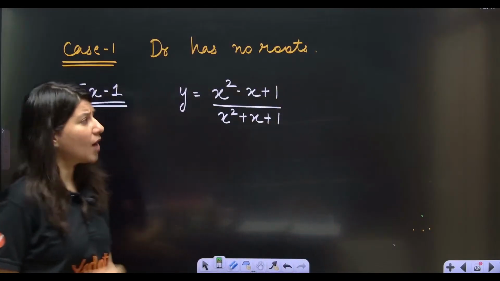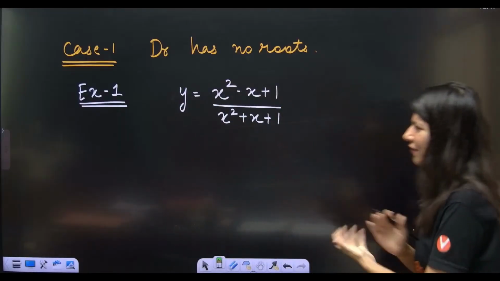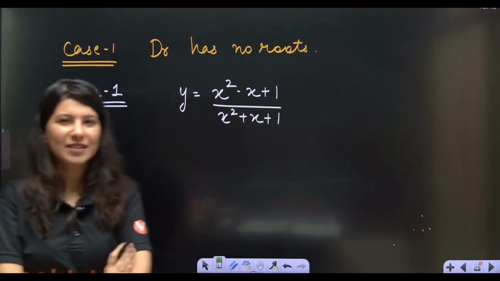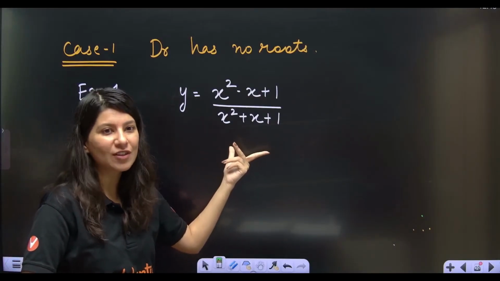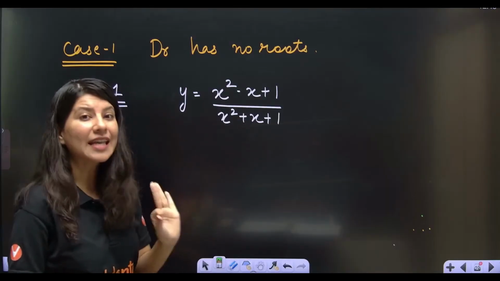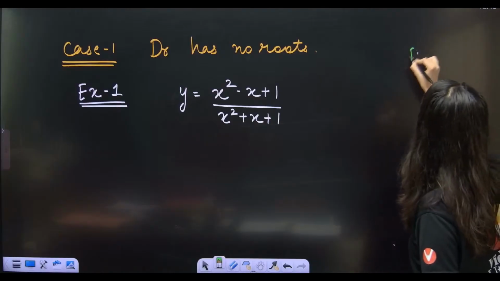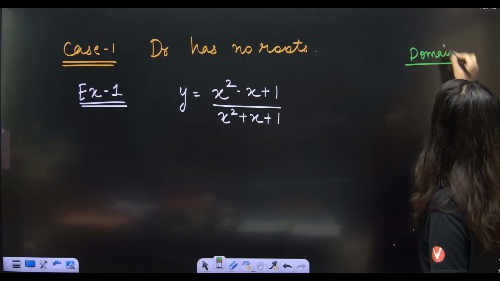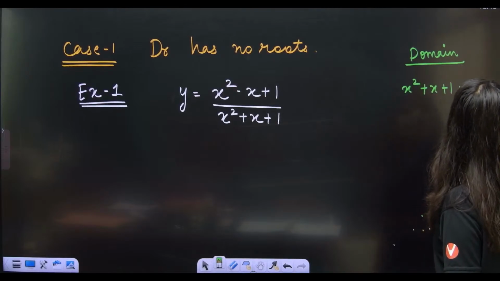So now first of all, domain. If I talk about domain, you know that the denominator can never be 0. That's the only thing we need to calculate the domain of this function. So x square plus x plus 1 should never be 0.